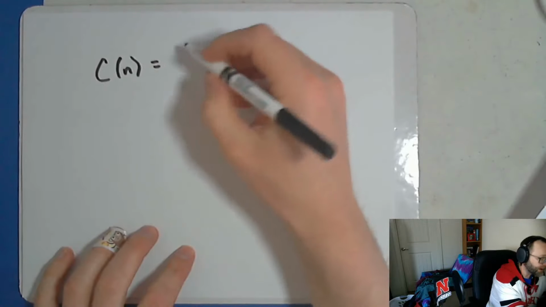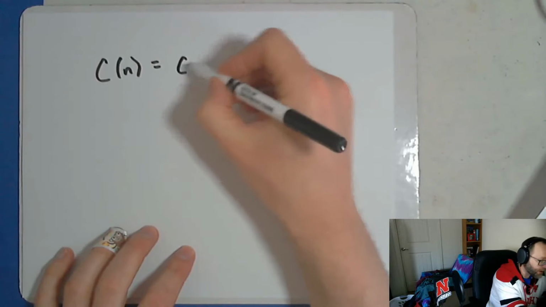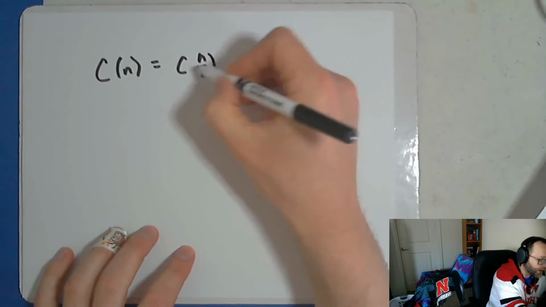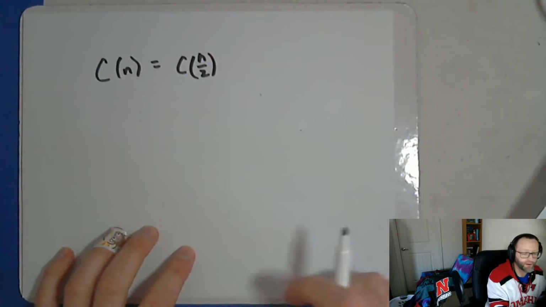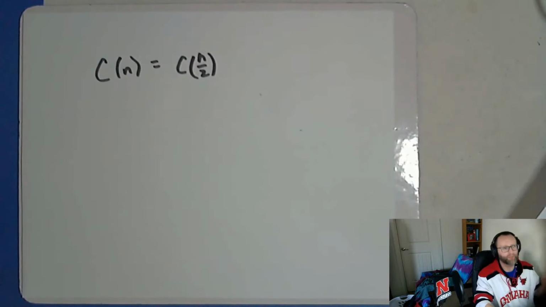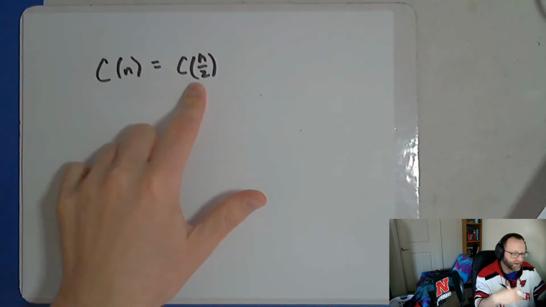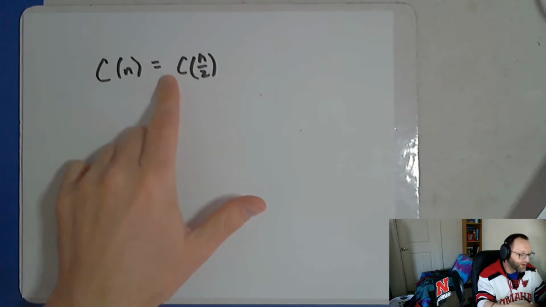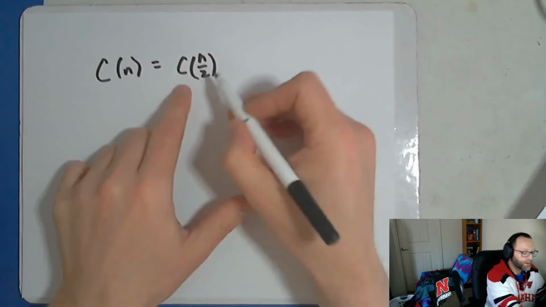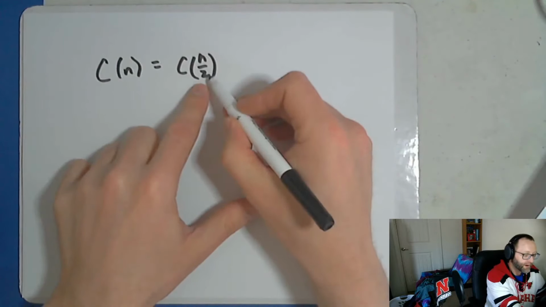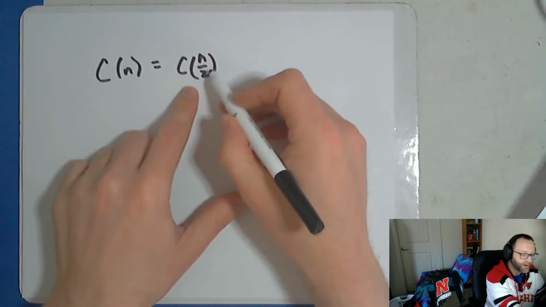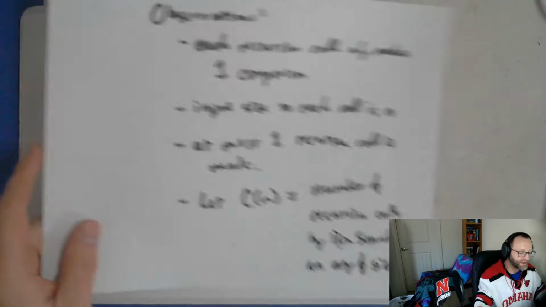So C sub n makes one recursive call on an array of half the size, roughly half the size. Now, again, it's plus or minus 1, minus 2, whatever. There's something called the smoothness rule that allows you to ignore those things, right? So there's one recursive call on an array of size n divided by 2. Why did I write it C sub n divided by 2? Because remember, what is C capturing?